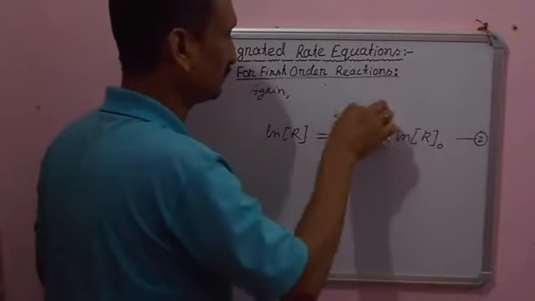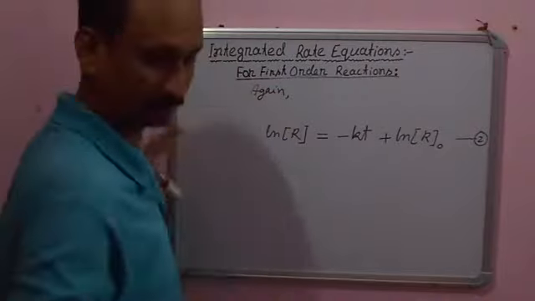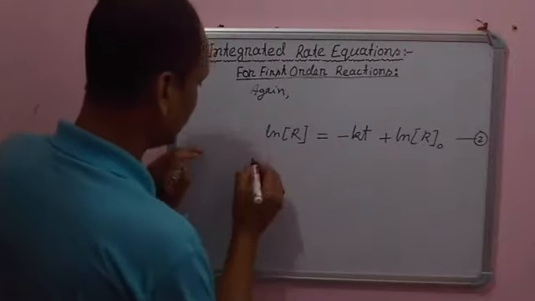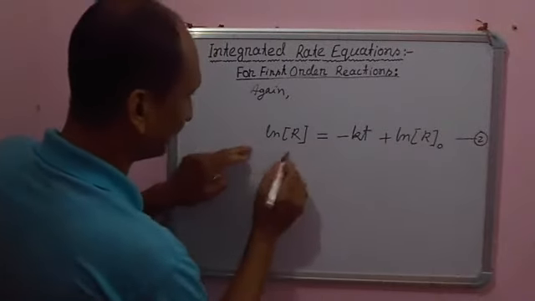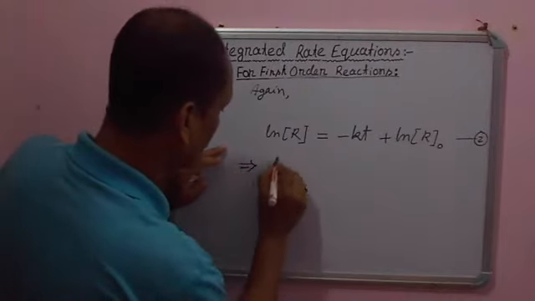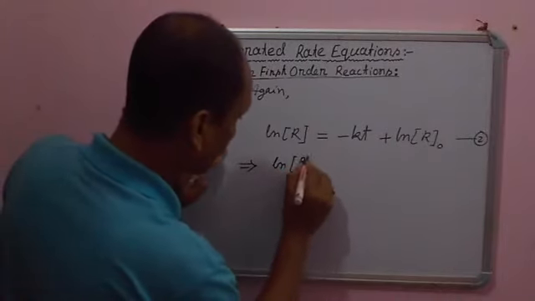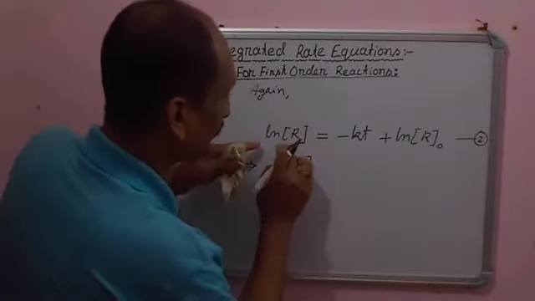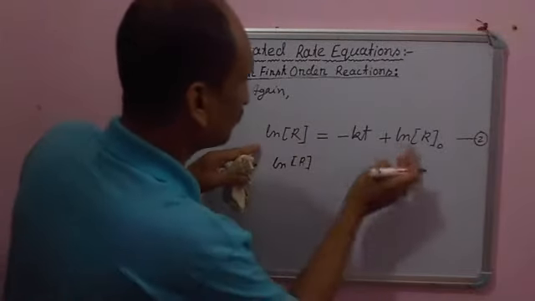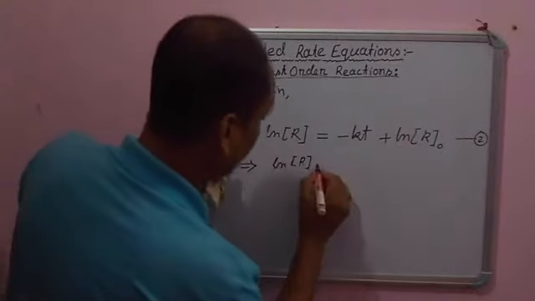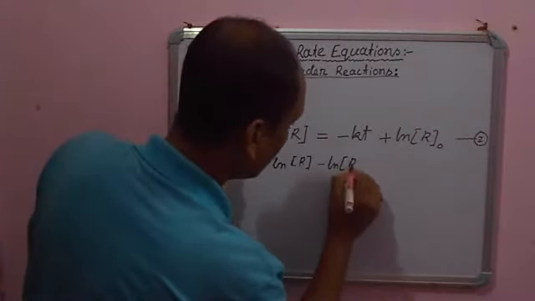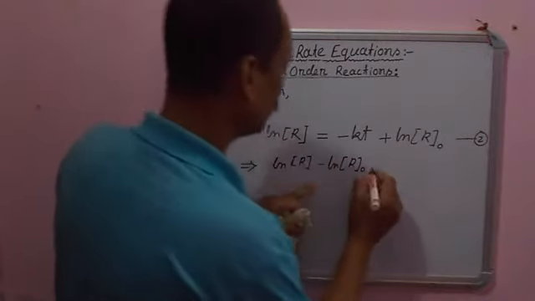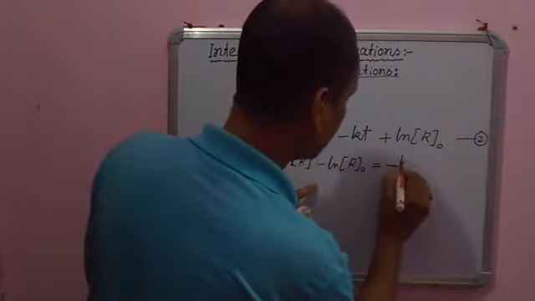So again, considering equation 2 and rearranging, if we bring ln of R naught to this side, we get ln of R minus ln of R naught, which should be equal to minus kt.